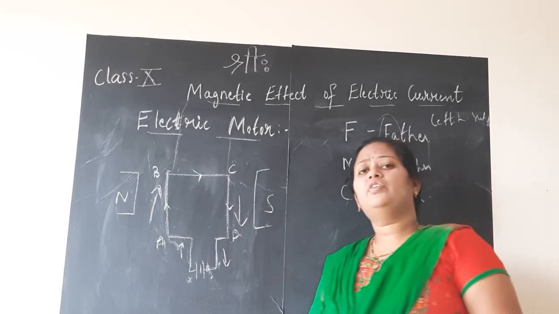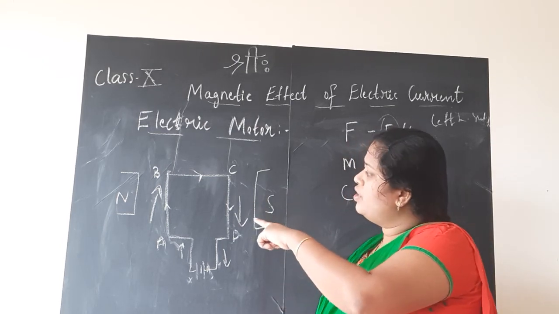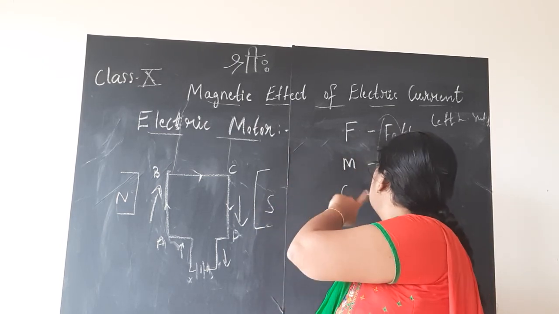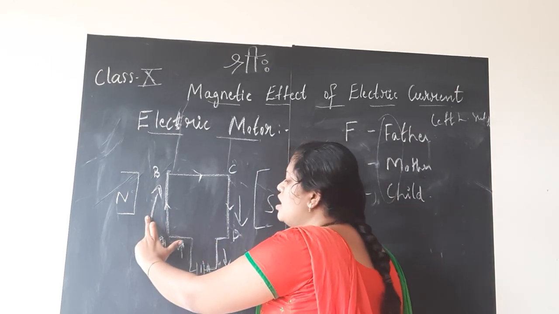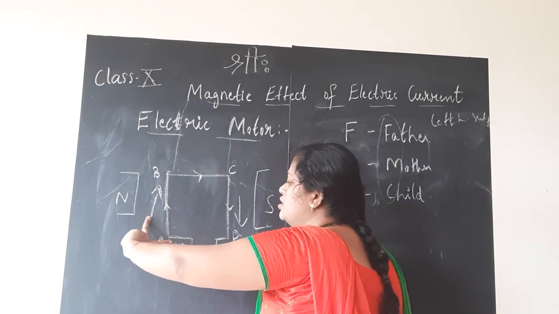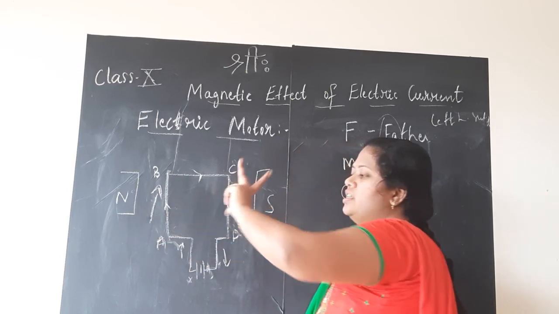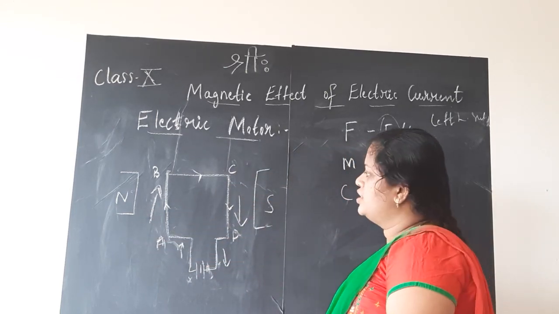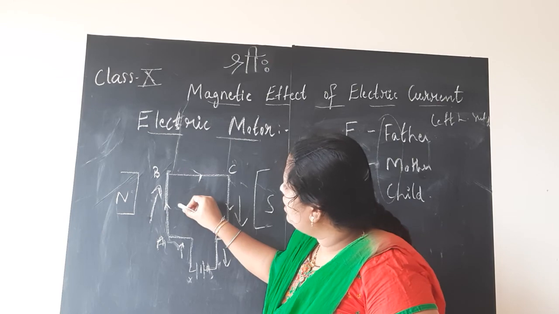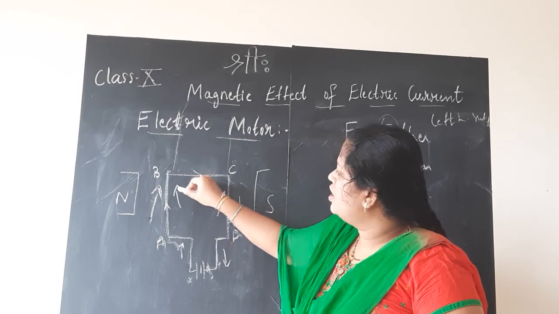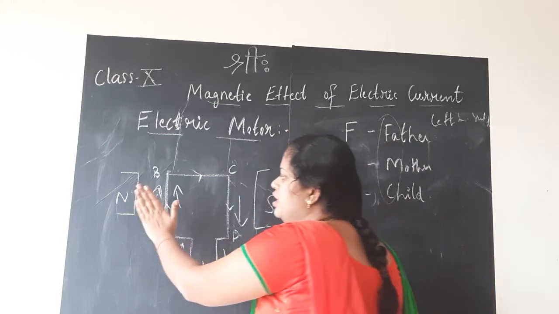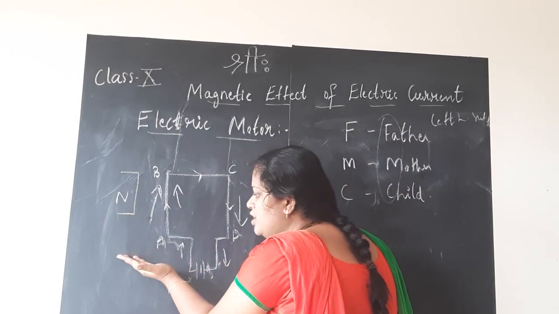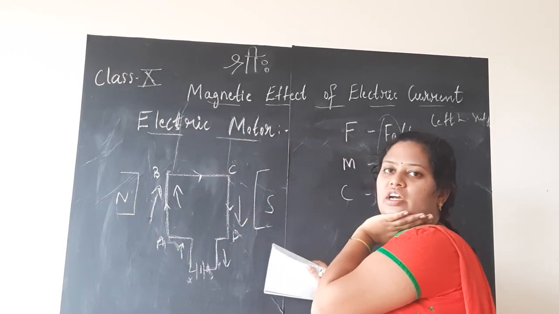So if you apply this rule, children, the current is flowing inward, the third finger is in this direction, the magnetic field is perpendicular to this, so the force will act in the upward direction, according to Fleming's left hand rule.